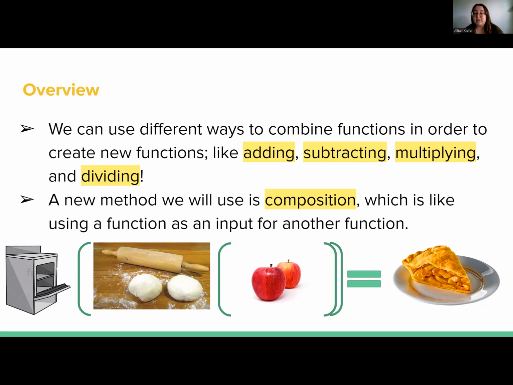This is like using a function as an input for another function instead of a variable x. Typically what we've seen before when we have a function f of x, in those cases we used x as the input. So we got to replace things like numbers with x. In this case, we're kind of doing this twice.